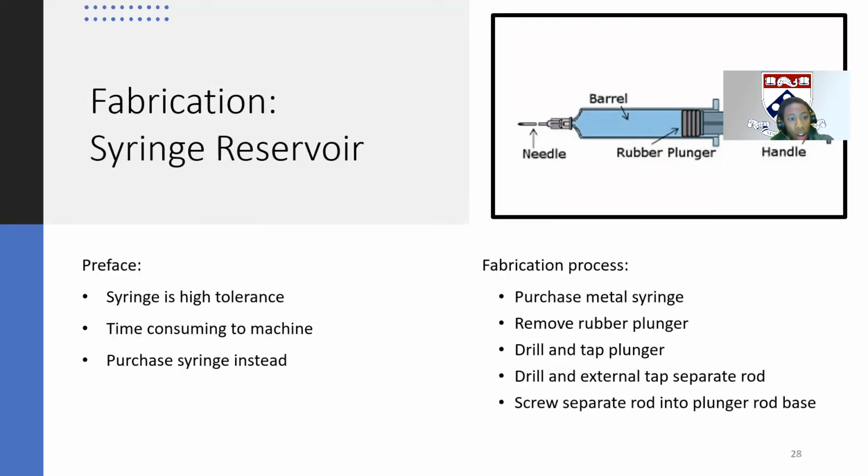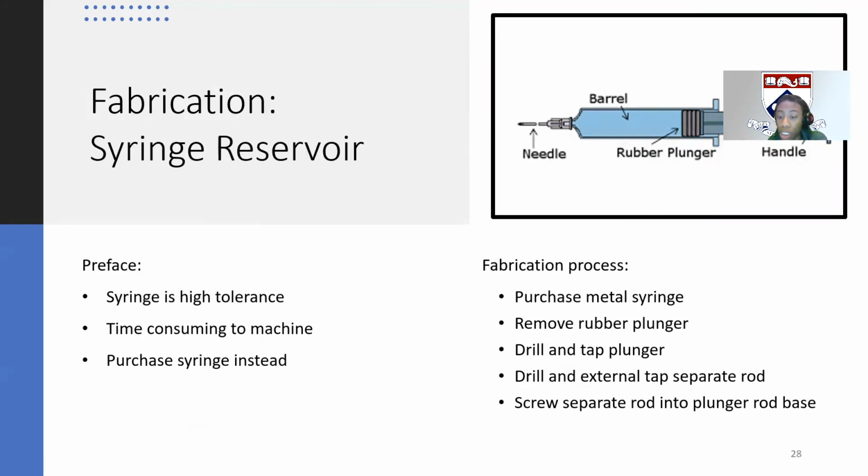We finally also require some fabrication to be done on the syringe reservoir, where a syringe normally is relatively high tolerance. It is time consuming to machine something that high tolerance over and over again, especially if we go through several iterations. So instead, we can purchase a syringe and do some machining on the plunger to allow the application that we wanted.